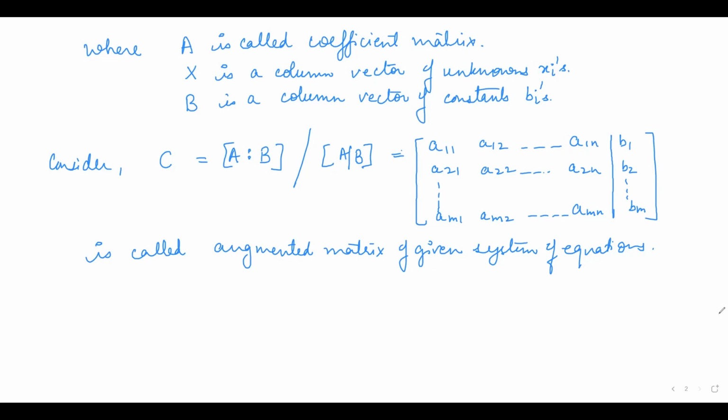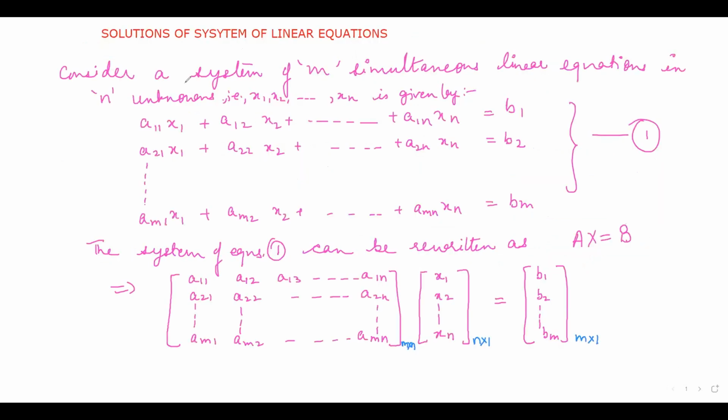Now, I was talking about the consistency of this system of linear equations. If it has a solution, then we say that the system of equations is consistent. The solution can be unique or it can be infinite solutions. It is possible.